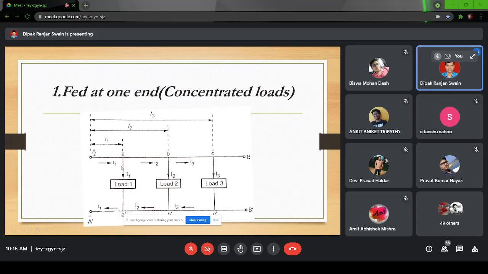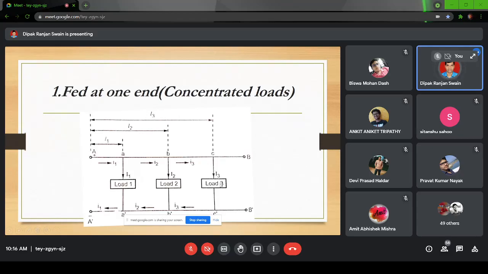Now you can see load 1 is connected at tapping A, load 2 is connected at tapping B, and load 3 is connected at tapping C. So the current for load 3 will be drawn only at the tapping C. These are called concentrated loads. Now you can see the current distribution.